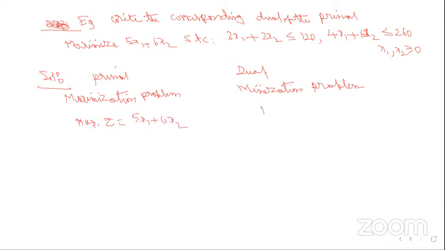So for minimization, z star equals 120y1 plus 60y2, by the procedure of primal to dual.